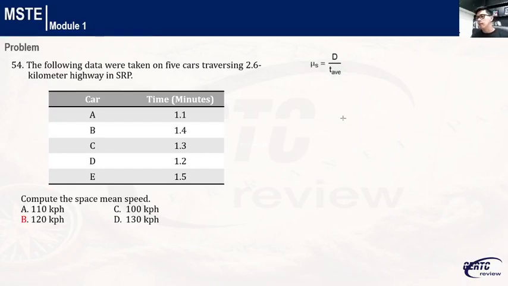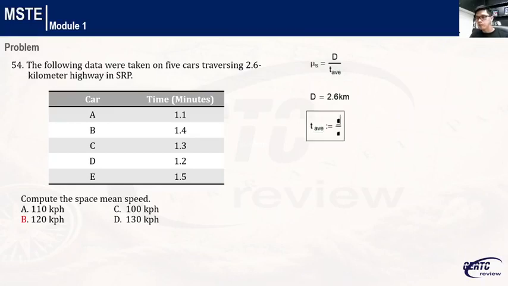So as you can see, we have given the distance here, 2.6 kilometers. We have the time, no, corresponding time of the cars A to E. So kukunin lang natin yung ating average time. Okay? And distance we have here, yung distance natin is equivalent to 2.6 kilometers. And the average time, diretso lang natin, no?